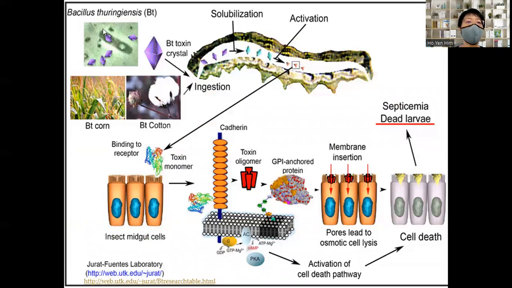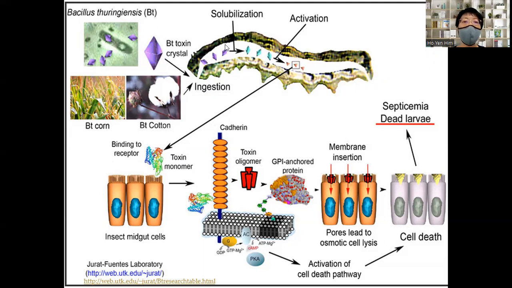So this is Bacillus thuringiensis. Obtain the gene for Bt toxin from this bacteria, insert it into the corn and cotton plants. Then when the larvae or caterpillar of the moth feed on any part of the plant, the plant cells will be producing Bt toxin crystal.